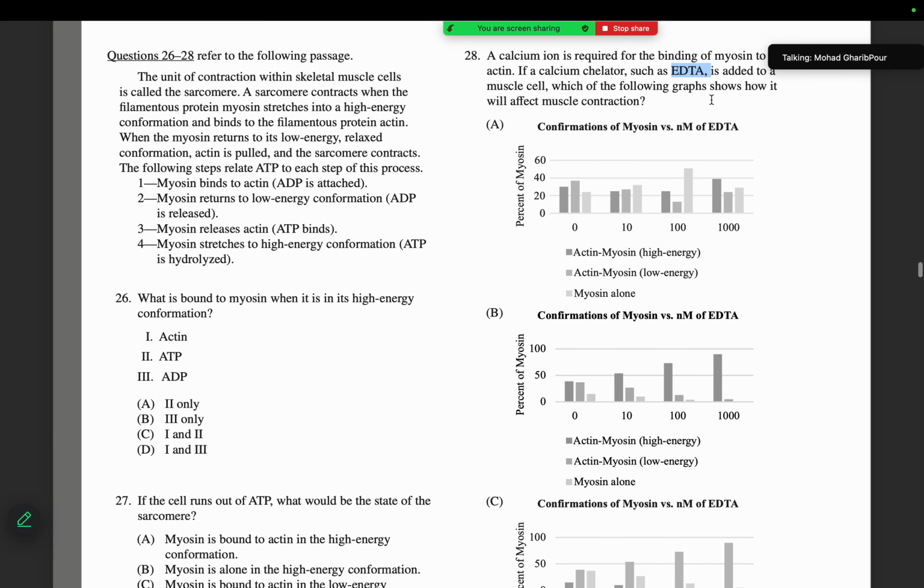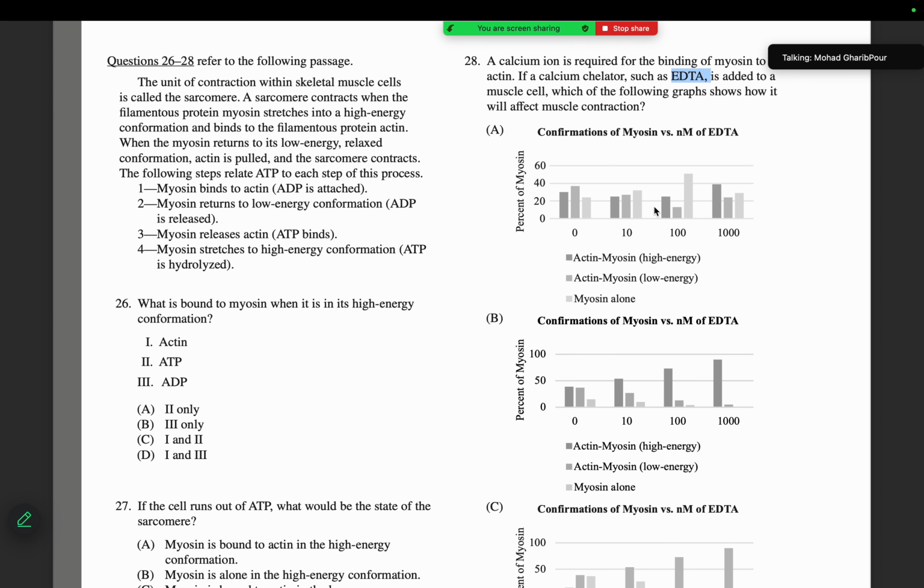So then when you look at these graphs, you have nanomolar of EDTA. So this is the concentration of EDTA. And then you have the percent of myosin in different states. So the dark bars are actin myosin attached at their high energy state.